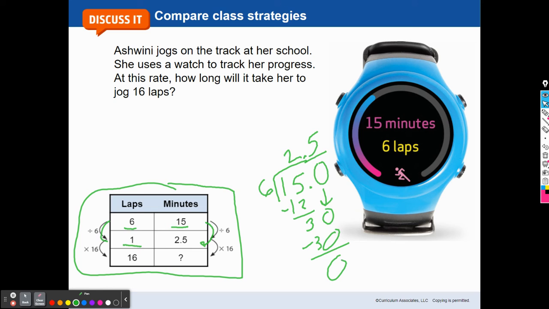Now that I know my rate, I can figure out how long it's going to take her to jog 16 laps. 16 laps. So for every 1 lap, to get from 1 to 16, I multiply by 16. This is where those equivalent ratio tables come in for every lesson. All right.